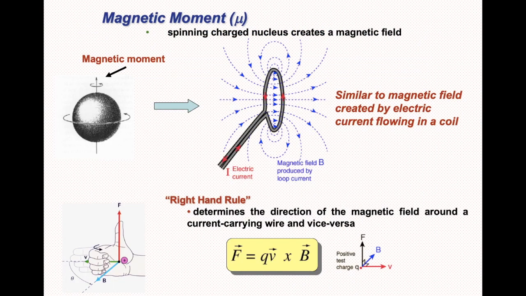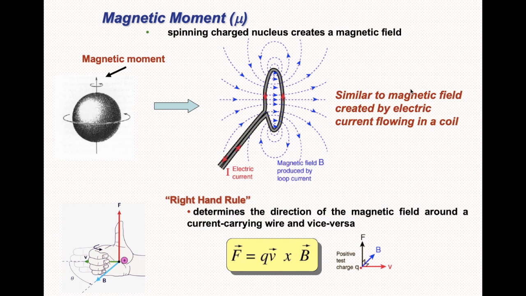As we realize, the nucleus has spin and it also has charge. Therefore, according to electromagnetic theory, any spinning charged species will create a magnetic field. Likewise, the nucleus also creates a magnetic field because of its spinning motion. Now, the created magnetic field strength can be estimated by its magnetic moment.